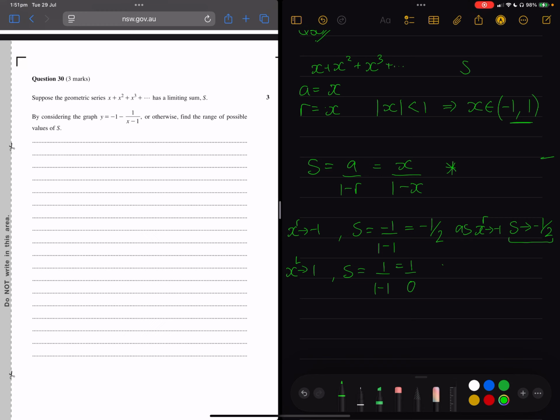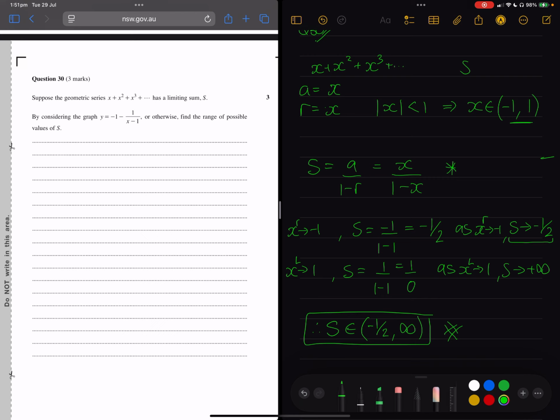So as x from the left approaches 1, the series approaches positive infinity. So these are the two bounds on the sums. So the sums are included in the set -1/2 all the way up to positive infinity. And this is in fact the solution.